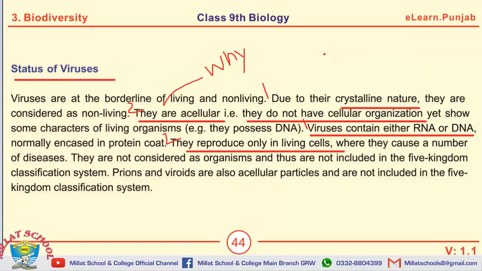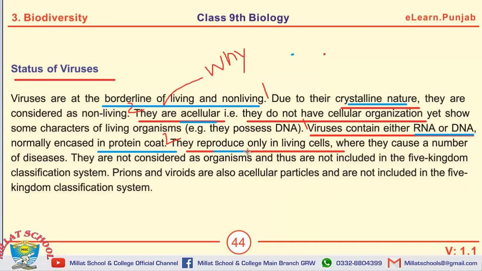And now the MCQs. The first one is, viruses are at the borderline of living and non-living. Viruses have crystalline nature. Viruses are acellular. Viruses contain RNA or DNA, and they have a protein coat as well.